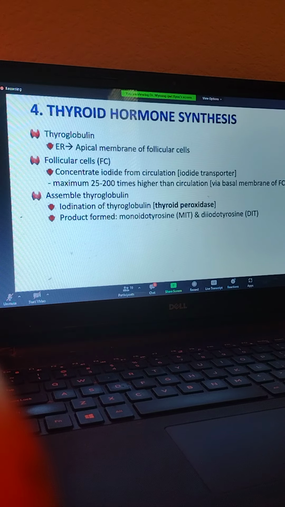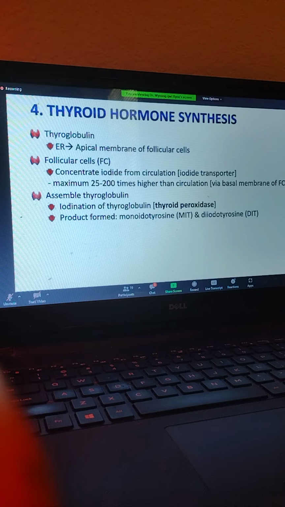In the tyrosines, thyroid peroxidase is going to oxidize them, and then the iodide can bind to them. Once we have the tyrosine residues in the thyroglobulin, and the peroxidase is oxidizing them, the iodide is attached, right? Can you follow this?